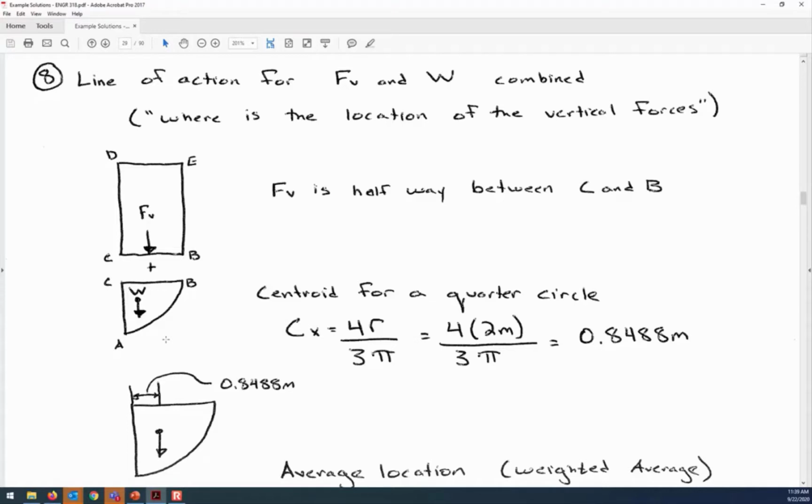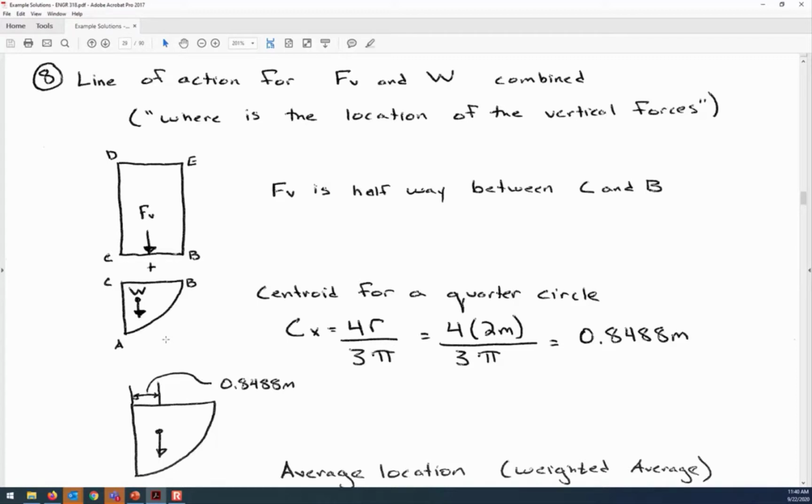Before I talk about the average, does anybody have questions about the location for FV or the location of W? All right. So how do you average 2 locations? Let me ask you this.